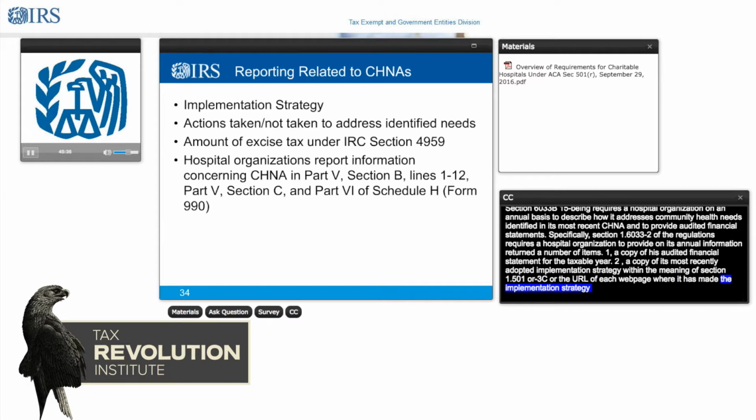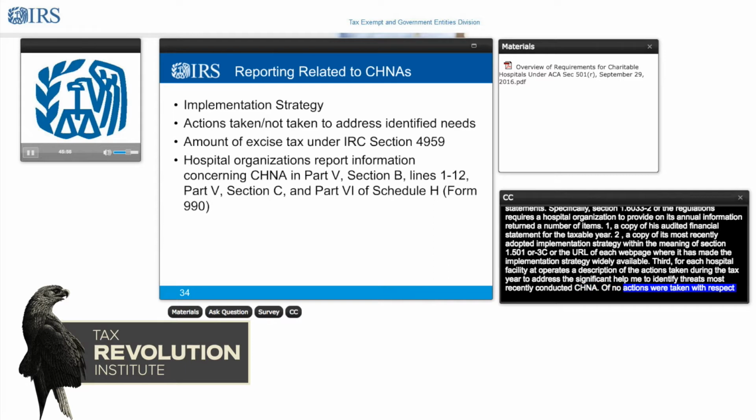Third, for each hospital facility it operates, a description of the actions taken during the tax year to address the significant health needs identified through its most recently conducted CHNA. If no actions were taken with respect to one or more of these health needs, the reason why no actions were taken must also be addressed.